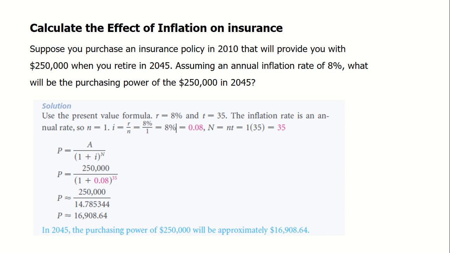So that amount that you are imagining you will receive by 2045, which is $250,000, you will not be able to buy that much in goods and services. You will only be able to buy $16,908 worth of goods and services due to inflation, or if you account for inflation.